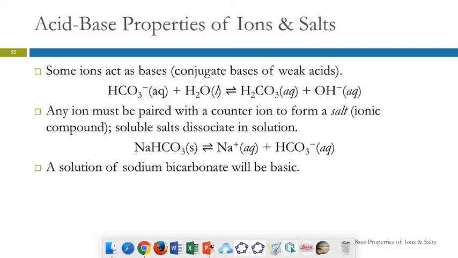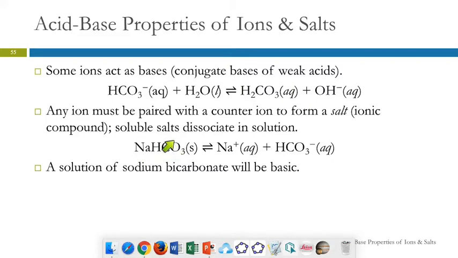It's important to remember that anytime you have an ion in solution, like this hydrogen carbonate ion, there has to be a counter ion. You can't have a solution of just negative ions or just positive ions. There are other ions there. Those are called counter ions, the ones that counter the charge. So it forms a salt, an ionic compound. Soluble salts dissociate in solution. So here we have sodium hydrogen carbonate, or sodium bicarbonate, baking soda.